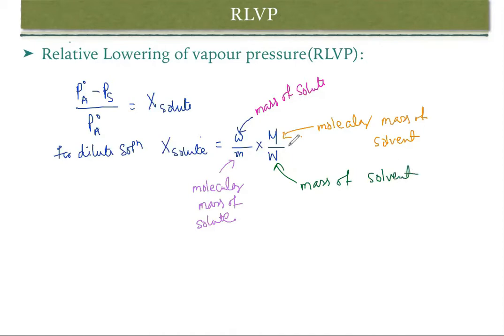So you can use this formula: vapor pressure of pure solvent minus vapor pressure of the solution divided by vapor pressure of pure solvent is equal to the mole fraction of solute, or this expression.